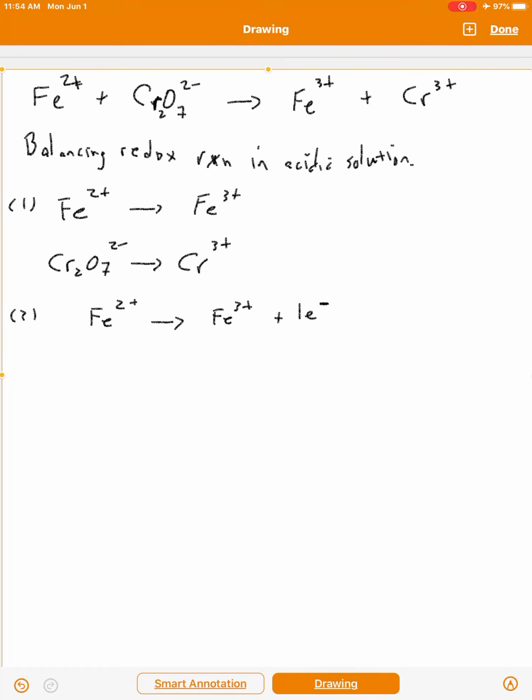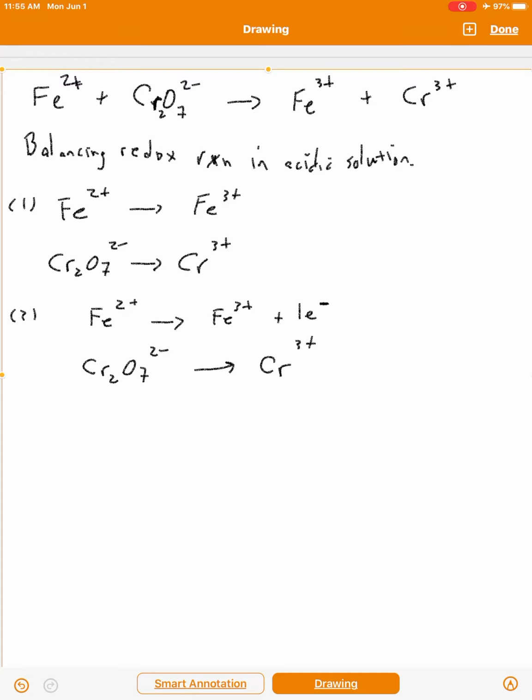Now I'm going to do the second half reaction. I'm going to balance the dichromate ion. This is called dichromate. This is going to be more complicated because it has oxygen. And here's how you go about dealing with the oxygen. You count the number of oxygens on both sides of the equation, and you add water, H2O, to the side that has fewer oxygens.